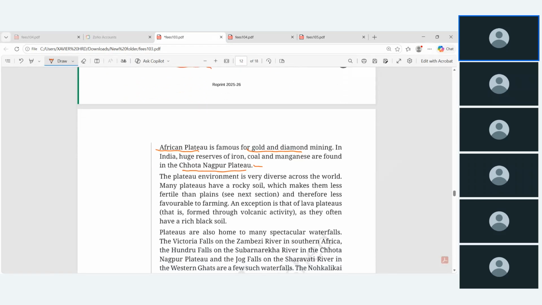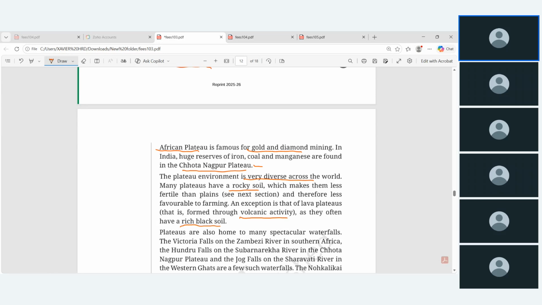Then the environment of plateaus, the Deccan plateau, Chota Nagpur plateau, the environment situation, they are very diverse across the world. Many plateaus have rocky soil, which makes them less fertile. And if it is less fertile, it means not favorable to farming. An exception is the lava plateaus, formed through volcanic activity, which often have rich black soil.